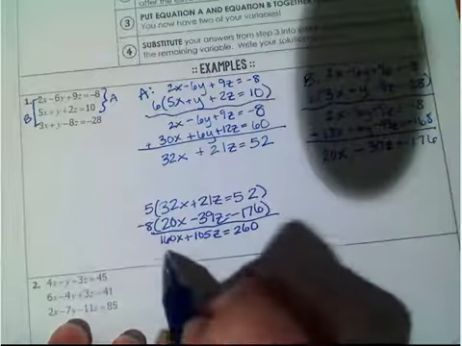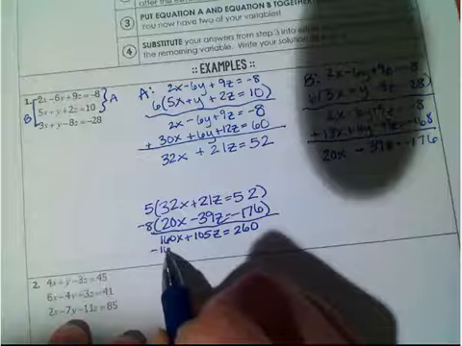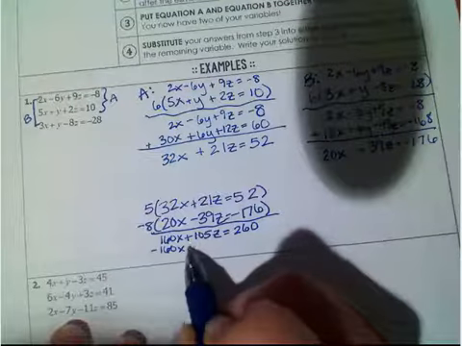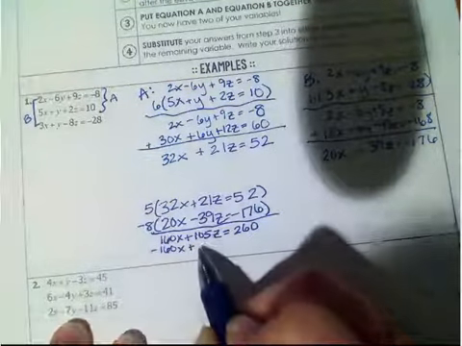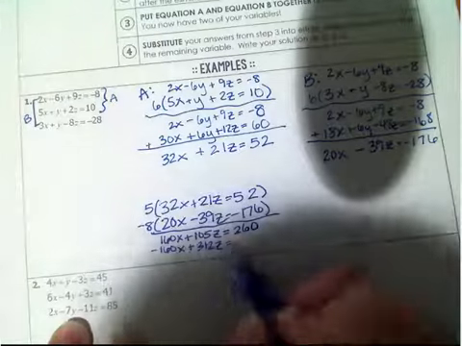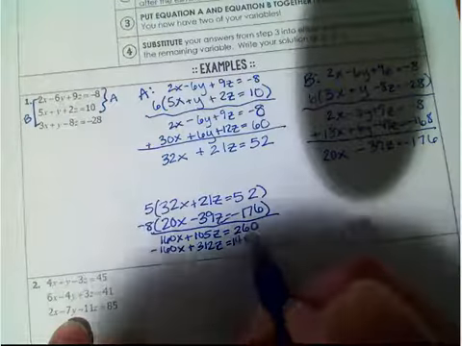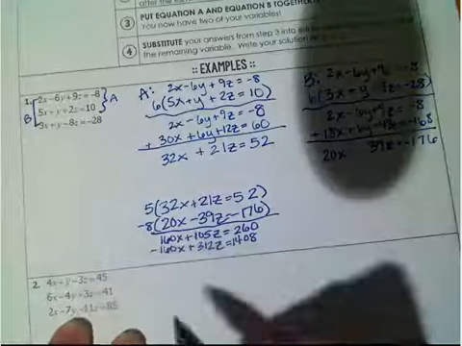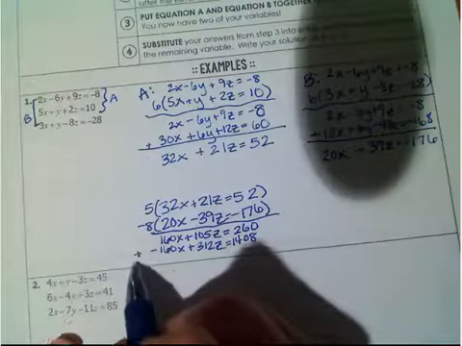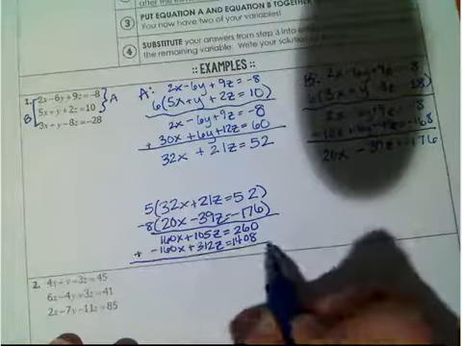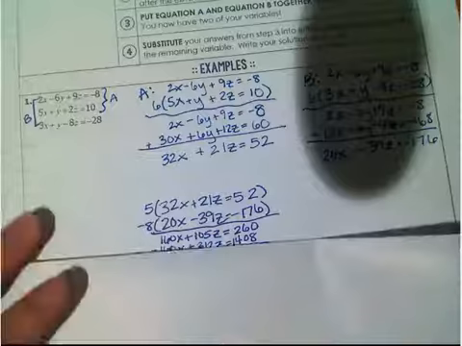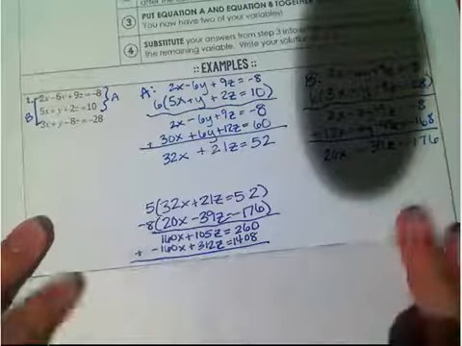For my second equation, I'm going to get negative 160x plus 312z equal to 1,408. Now I'm going to add these two together. I ran out of space, so I'm going to use an extra sheet of paper.